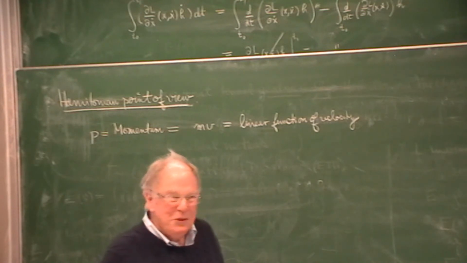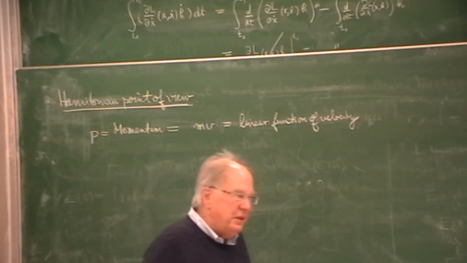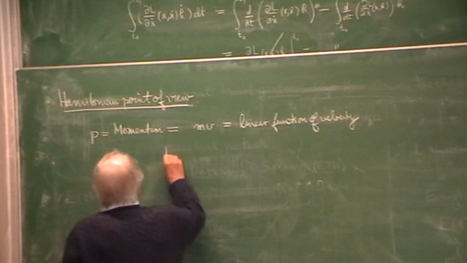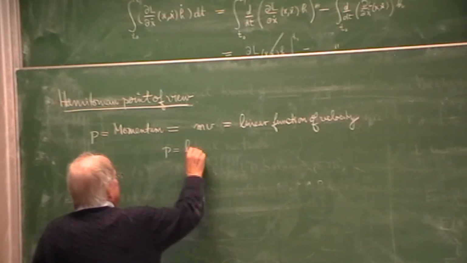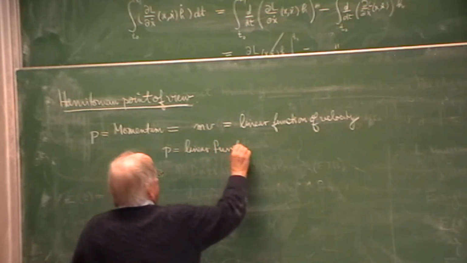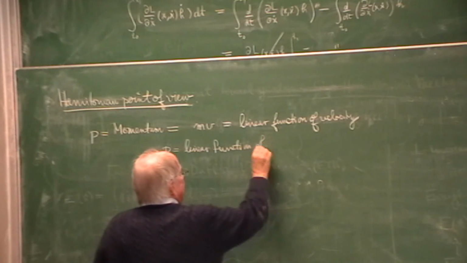Get used to it, mathematicians. The standard letter for momentum is P. Momentum is a linear function, so P is a linear function of velocity.